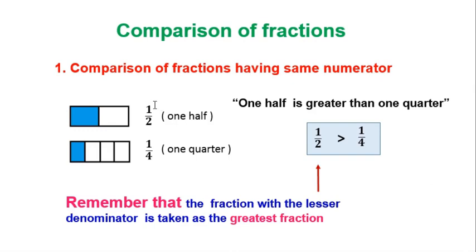You can see the upper number is 1 in both fractions. You can see the first one is greater than the second one. This is half and the second one is 1/4. So we can write 1/2 is greater than 1/4.